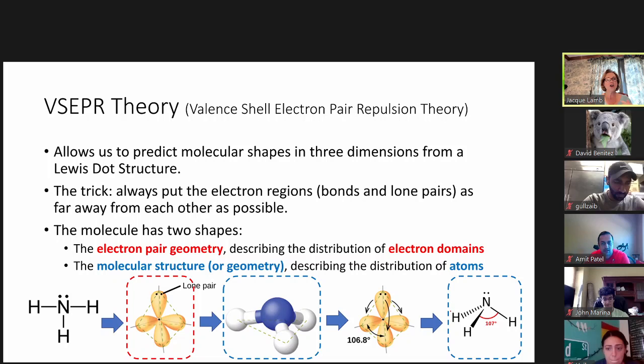The equatorial domains are much like our trigonal planar. Those are 120 degrees apart. So the bond angle here is 120 degrees. But to go from the axial to the equatorial, those are 90 degrees. So this is the only shape that actually has two unequal bond angles. And that's going to be important when we start looking at where the lone pairs might be in certain molecules.